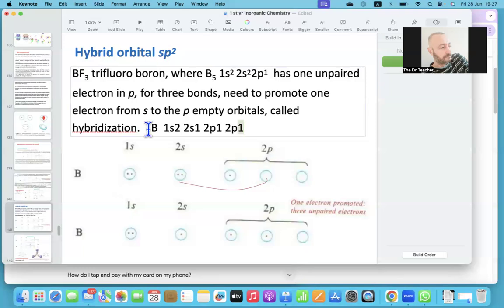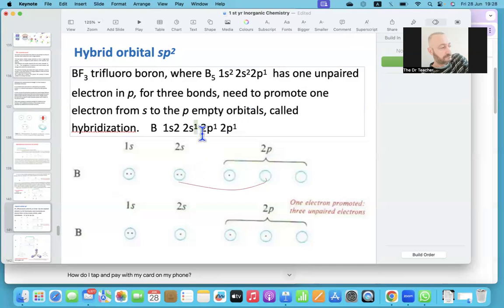This is a promoted electron. This here is the original electron in p. This one is the original electron in s. So this is how we separated the two electrons in s and put one of them in p. So now I have 3 orbitals, as you see here, 3 orbitals, each with a single electron.